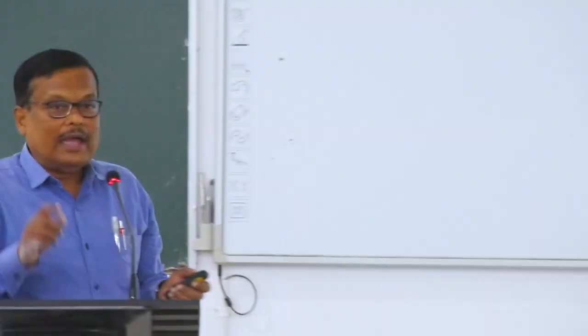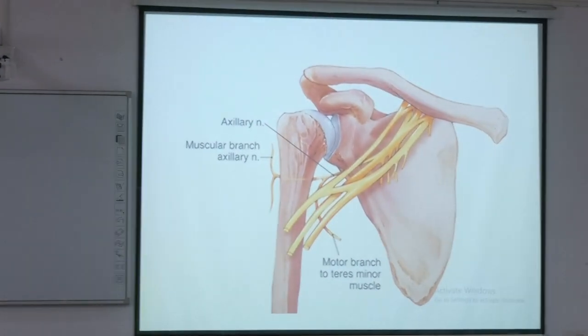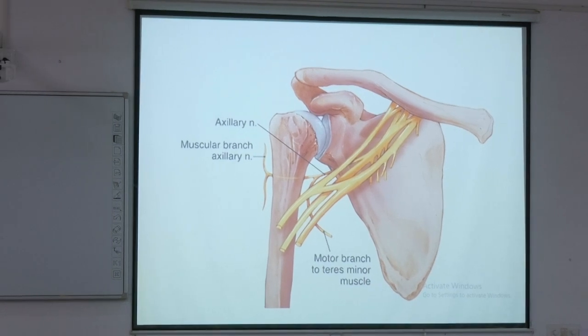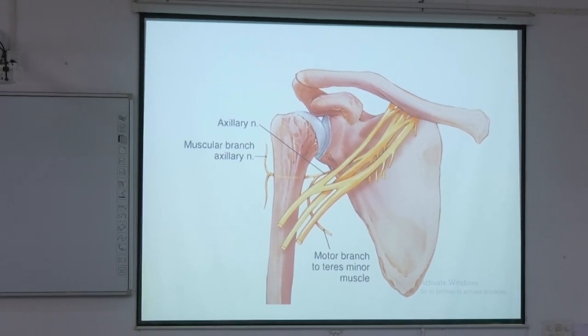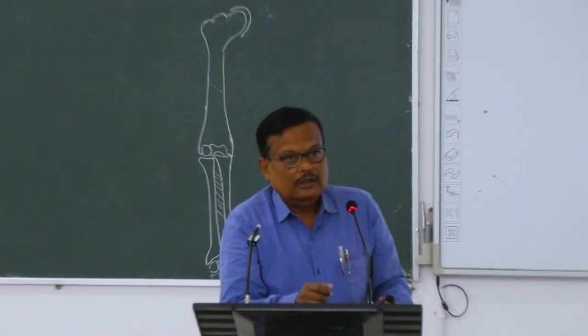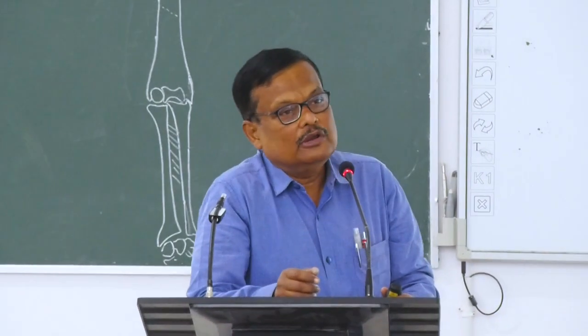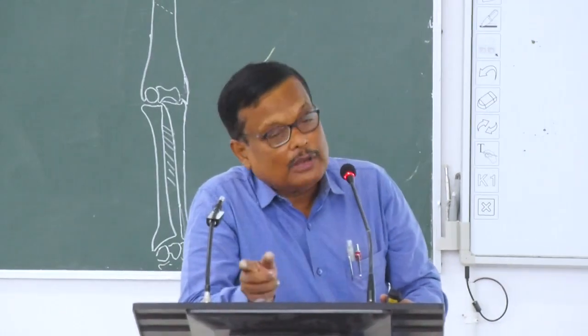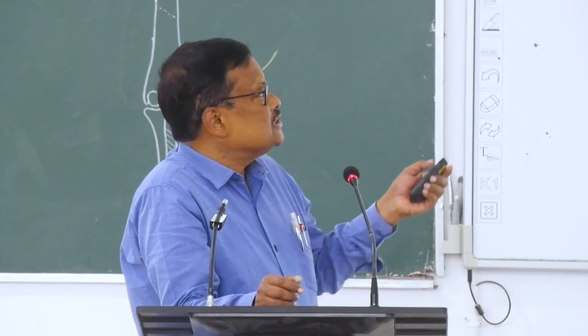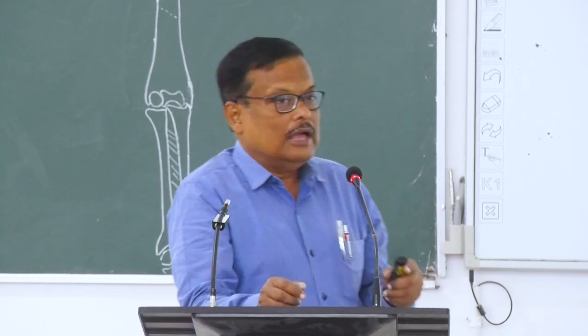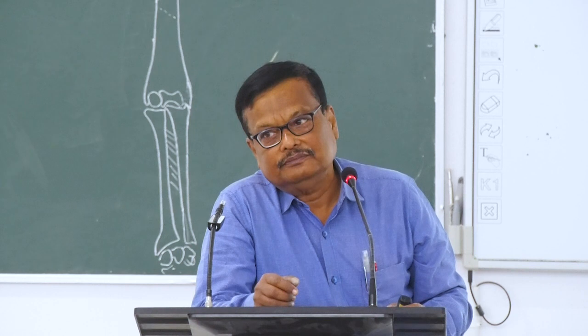Right? So anterior division has got a dual function, motor function to the anterior part of the deltoid and sensory function to the skin of the lower part of the deltoid. And posterior division supplies the posterior part of the deltoid and teres minor muscle.